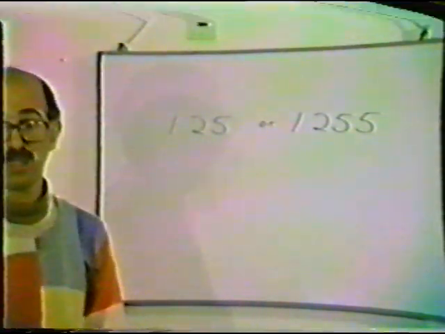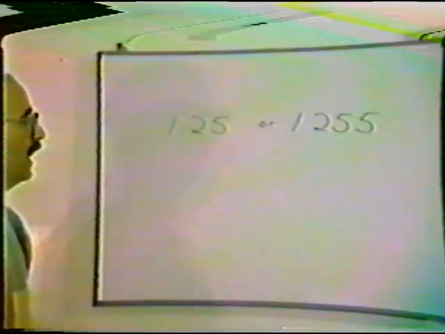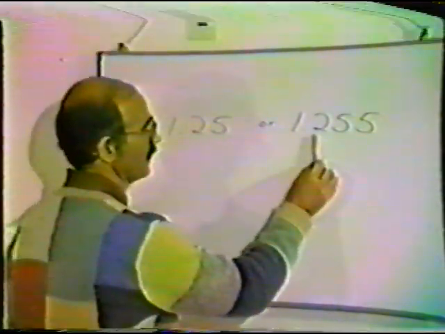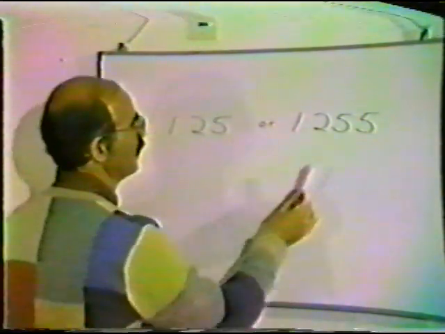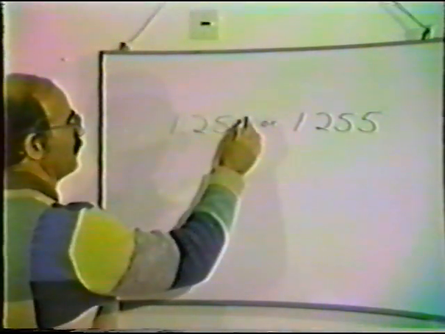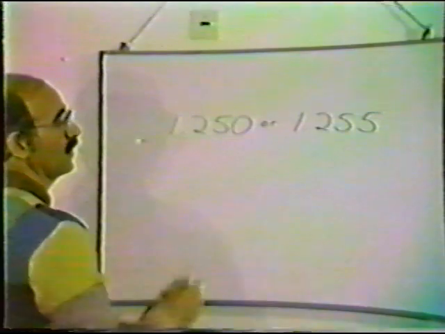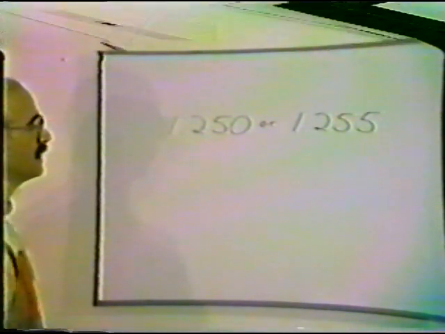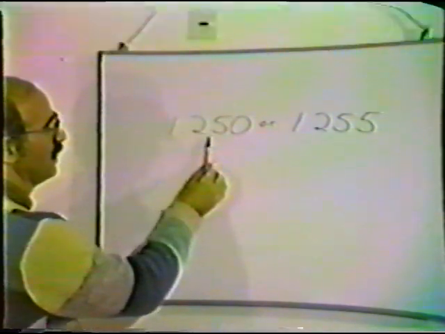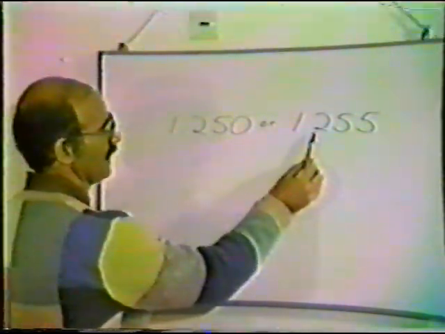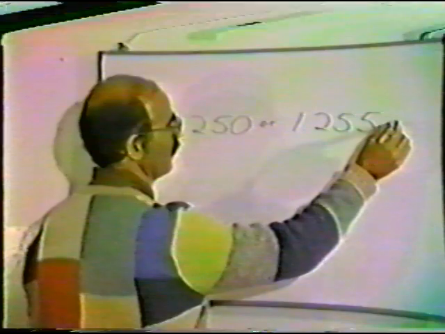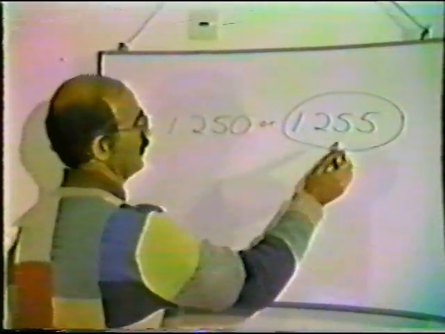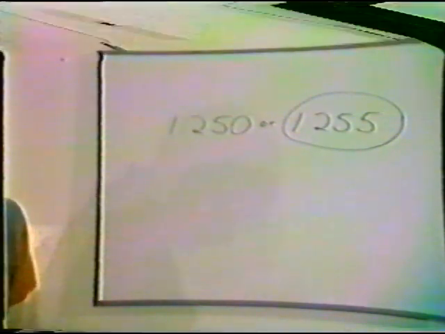So we'll have to compare the somethings. We see that this one has 2 decimal places and this one has 3 decimal places, so we'd better add a 0 so we can compare them more easily. And then we can see that 250 is less than 255, so you were all right. This is the larger.